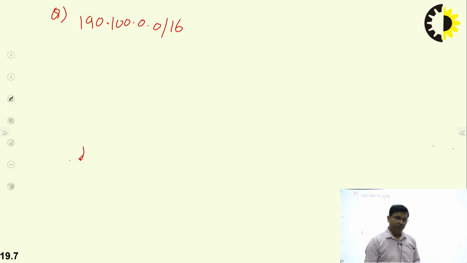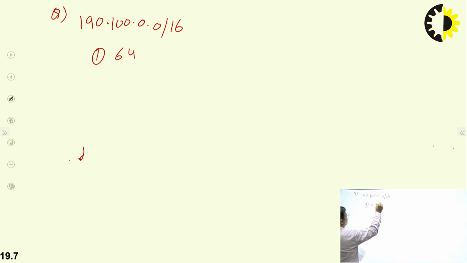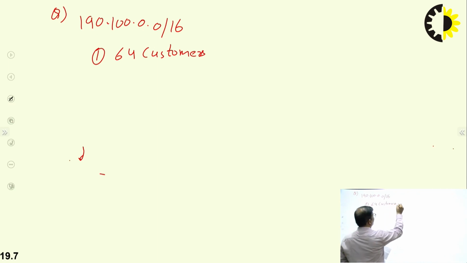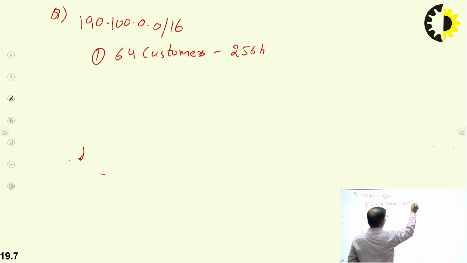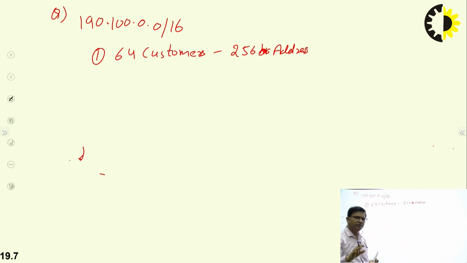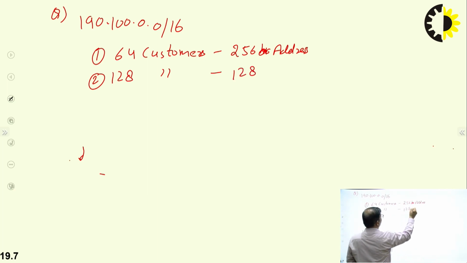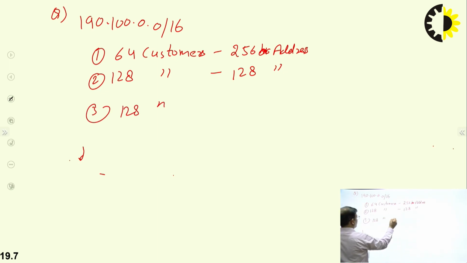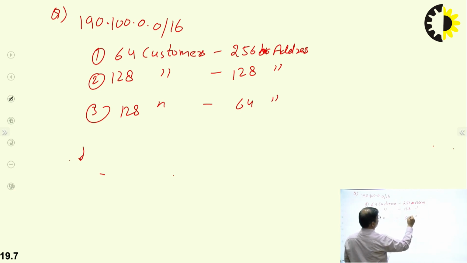But what is my question? My question is, we have 64 customers having 256 addresses. 64 customers are those who are using 256 addresses, 128 customers are those who are using 128 addresses, and 128 customers are those who are using 64 addresses.